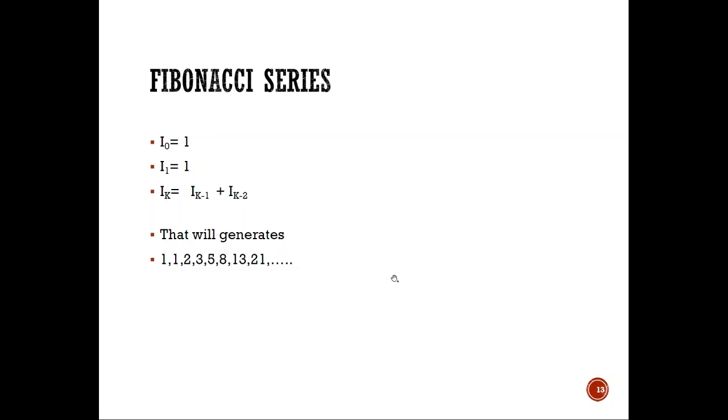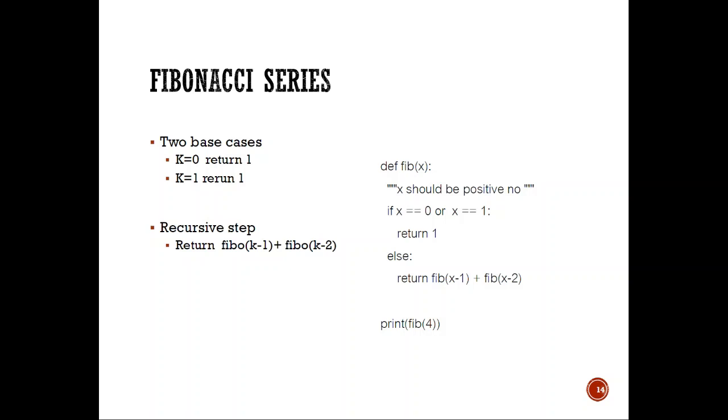Now, to calculate a Fibonacci series, we can do it in an iterative manner or a recursive manner. Starting off with the recursive manner, we start with the base cases: if k equals 0 or k equals 1, we return 1. The recursive step is returning the sum of the previous two values.